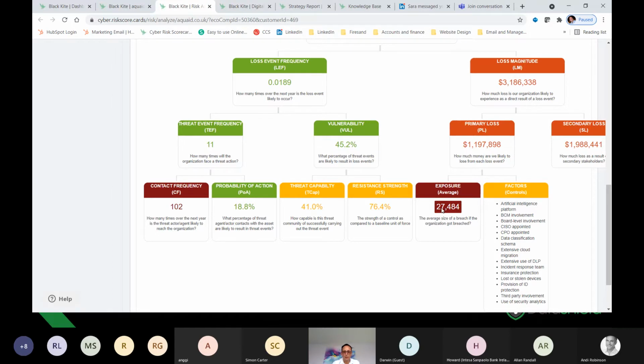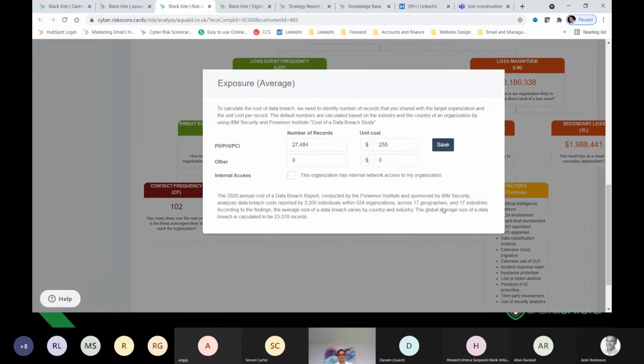But what you can do within the platform is you can quickly and easily change this information, and it will dynamically alter the score. So you might say, well, I don't have 27,000 items with that customer. They're one of my leading marketing companies. I have 100,000.